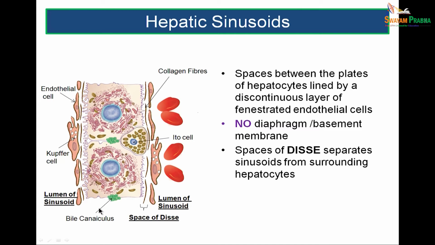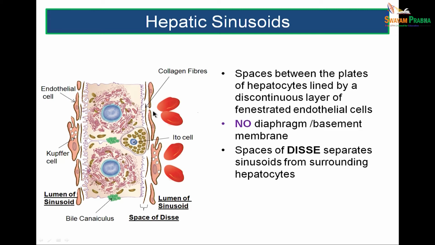So, on both sides here is the lumen of the sinusoid. This is the bile canaliculus between adjacent hepatocytes, and this is the space of Disse that we have just discussed, lying between the endothelium and the sinusoidal surface of the hepatocyte.